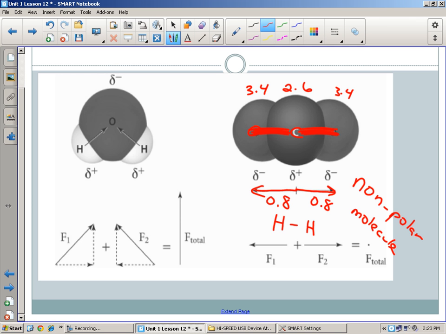All right? Then we come over to water here. Now this is going to be a little more tricky for you guys, perhaps, especially if you don't know anything about physics. All right? And we look at these two here, and once again we use electronegativities. So this is 3.4, that's fine, 2.2, and 2.2. And you can already see we have some partial negatives and partial positives.